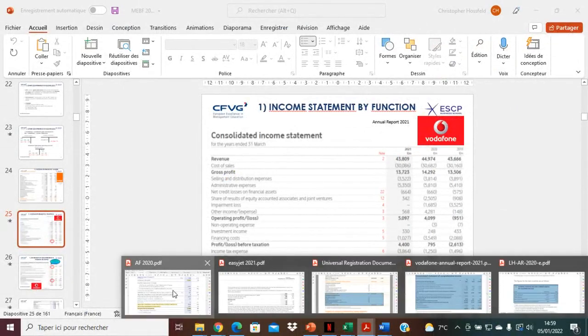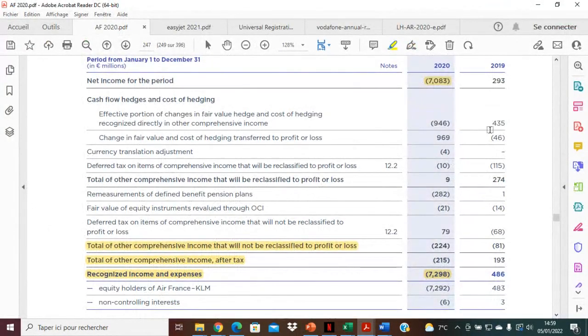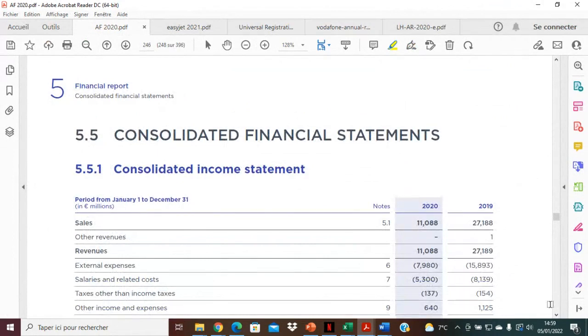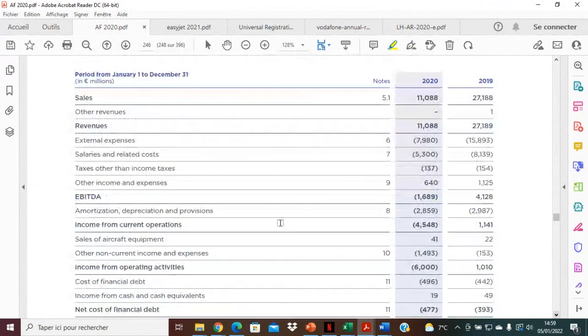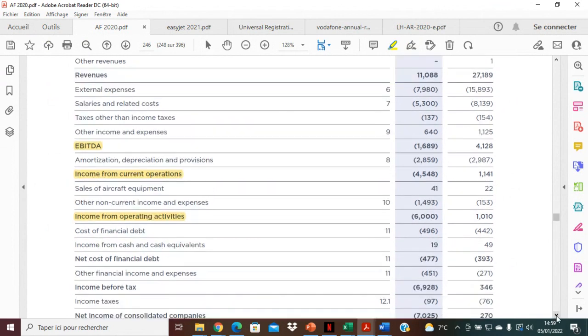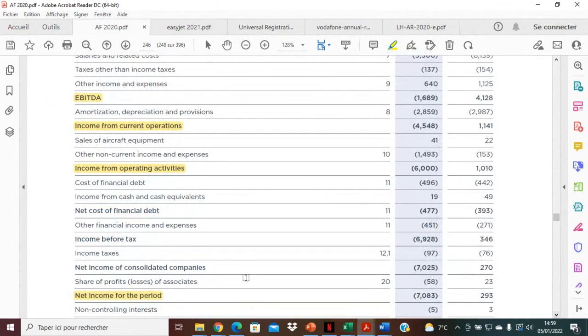So, for example, when we have a look at the income statement of Air France, Air France presents EBITDA in its income statement, and then something else, income from current operations, and then income from operating activities, etc. All those items, or net income of consolidated companies, all those intermediate profits are chosen by Air France.